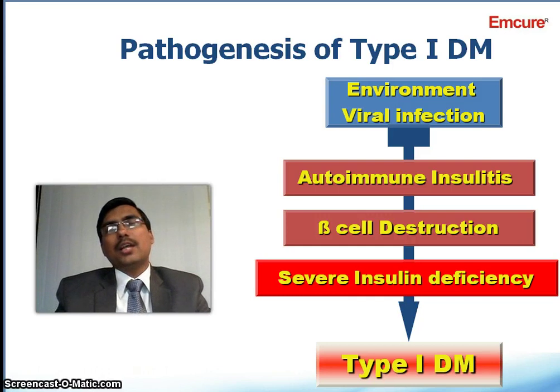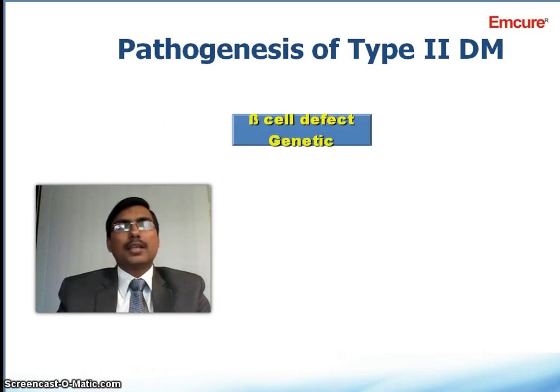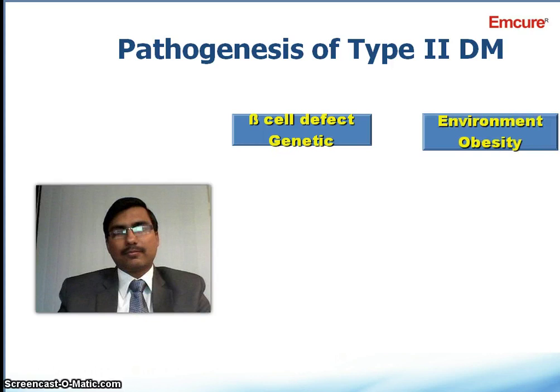In case of type 1 diabetes, the only treatment option that is available is insulin injection, as the body failed to produce insulin. Now let us understand the pathogenesis of type 2 diabetes. In case of type 2 diabetes, two things can happen. Either the beta cell is defective, which could be because of a genetic reason.